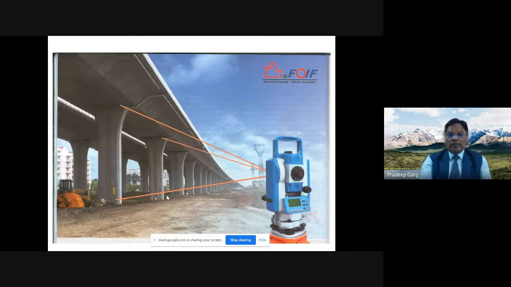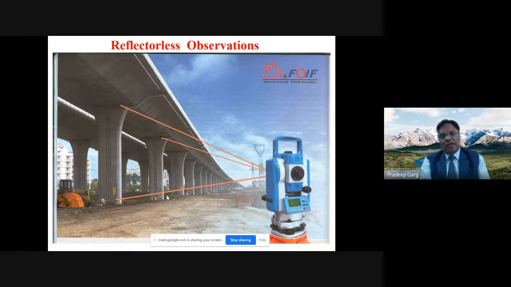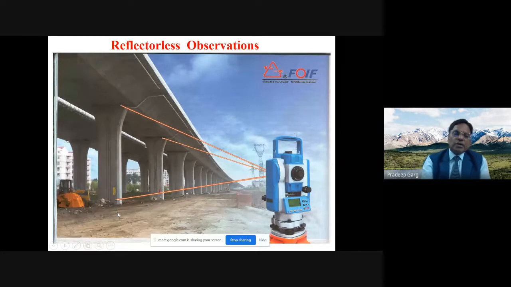Then we have the laser-based instruments, where you just have to throw the laser beam. Like this is a bridge, and on the top of the pillar of the bridge or the bottom of the pillar of the bridge, it will actually give you the height of this particular support, or the coordinates of these points.